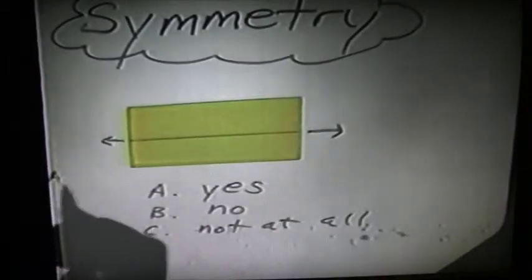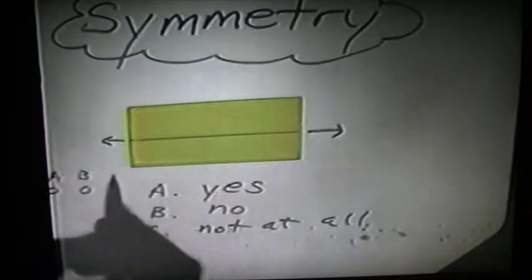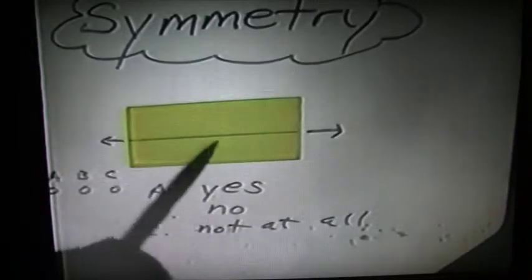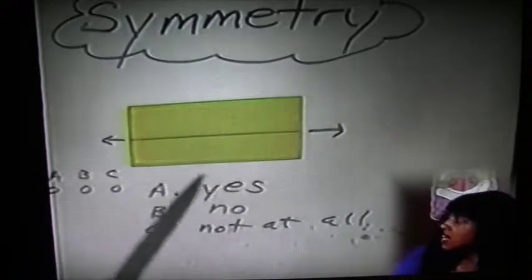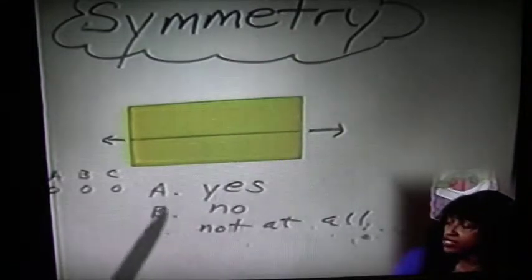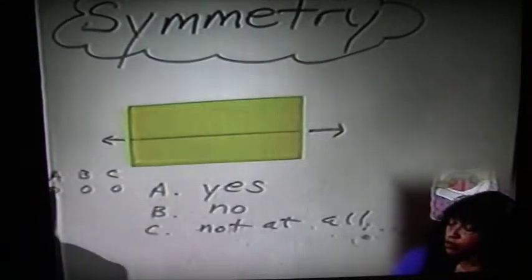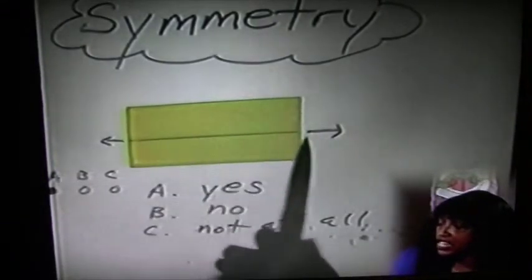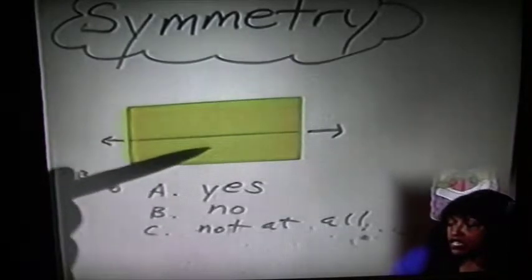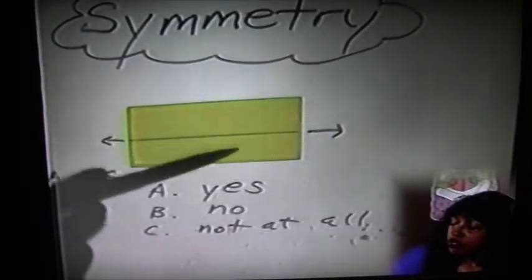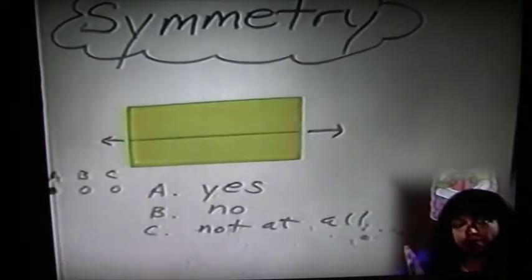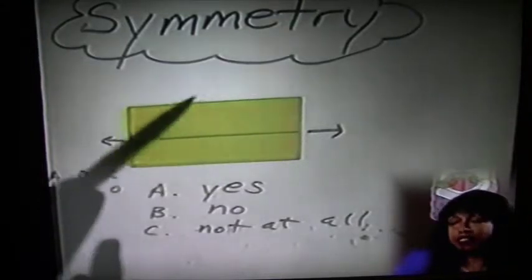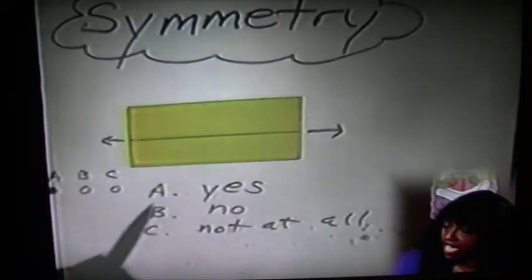And on your Scantron, you have the A, the B, and the C. And the question is asking you, is this line a line of symmetry? Your answer would be A. You would darken in A. Yes, it is a line of symmetry. This line here is dividing this into equal size, and once you fold them like I folded the paper, you would have symmetry. So your answer would be A.